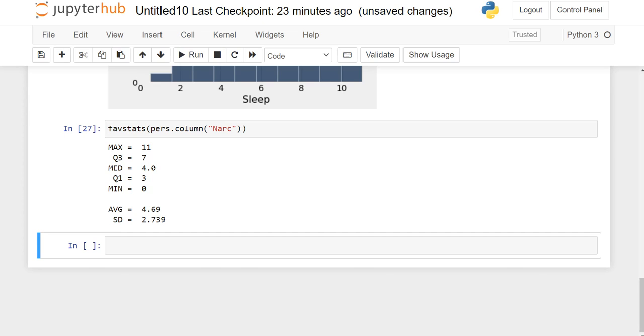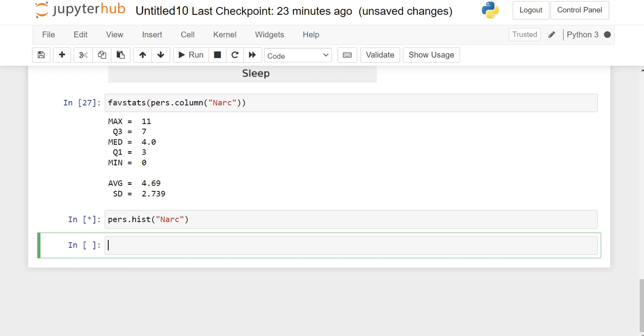And we gave it to our students, and you can see what that looks like. And we can also switch, whenever we want, we can do the purse histogram, and we can select narcissism, the narcissism column.